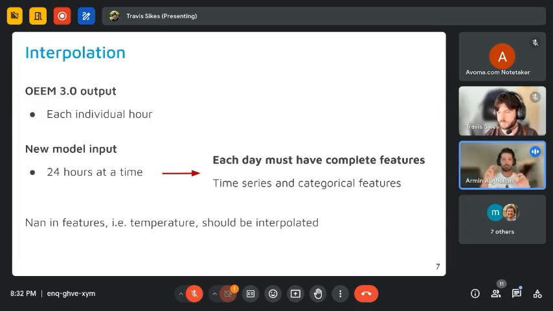We need that interpolation or proxy step, and after the prediction has been made, we remove those interpolated rows. Whenever we have actual meter data, we get the same row predicted. So basically, we just use extra data to predict.